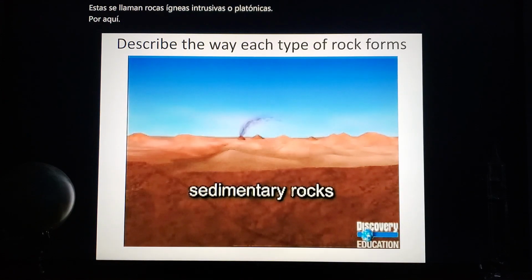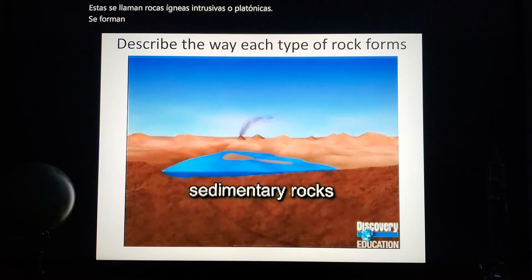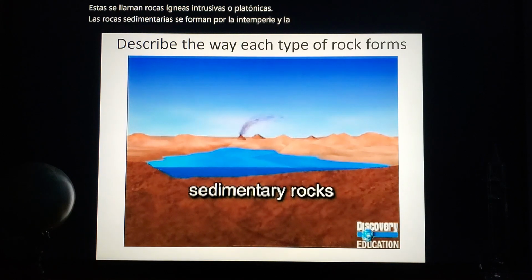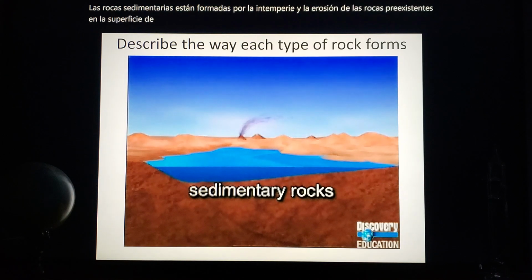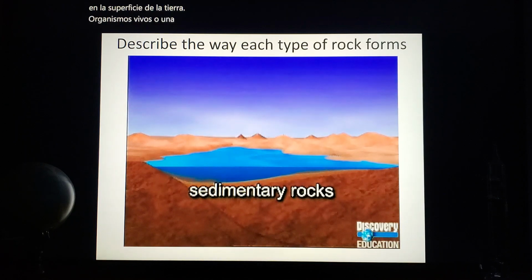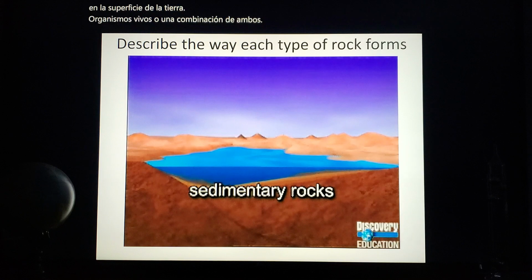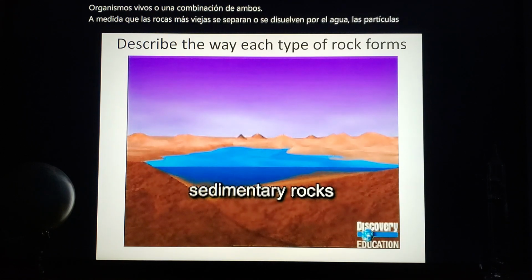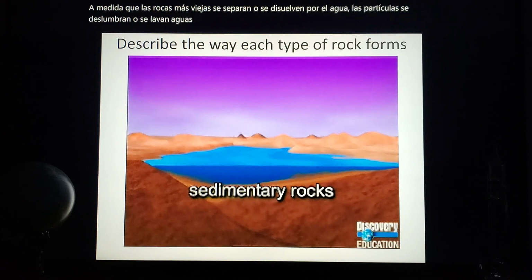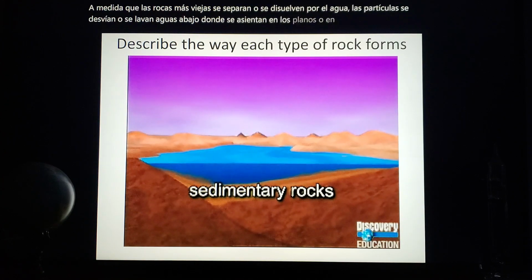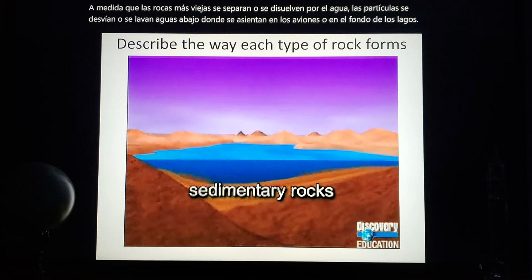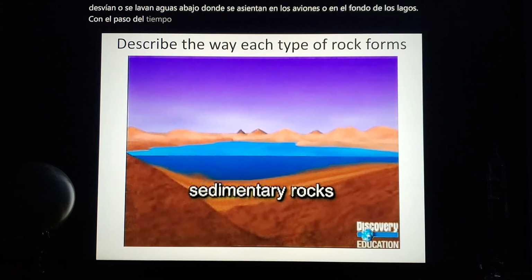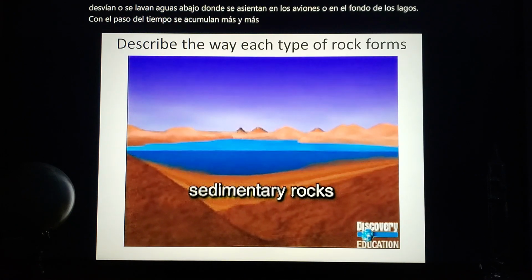Sedimentary rocks are formed by the weathering and erosion of pre-existing rocks on the Earth's surface, the remains of once living organisms, or a combination of both. As older rocks are broken apart or dissolved by water, the particles are blown away or washed downstream, where they settle on plains or the bottom of lakes. With the passage of time, more and more particles accumulate until the sediment becomes deep and thick.